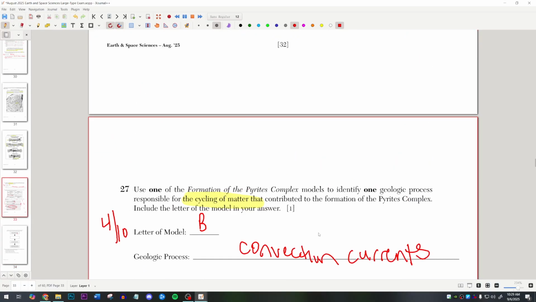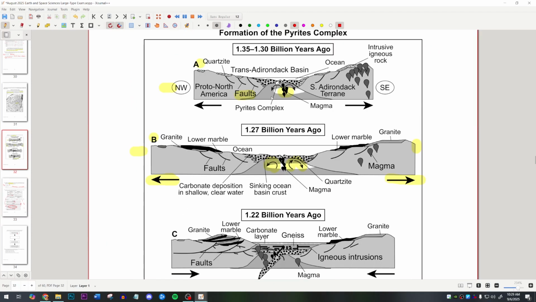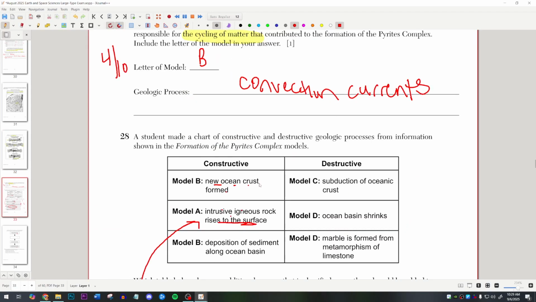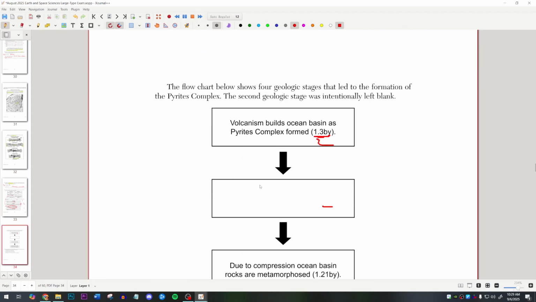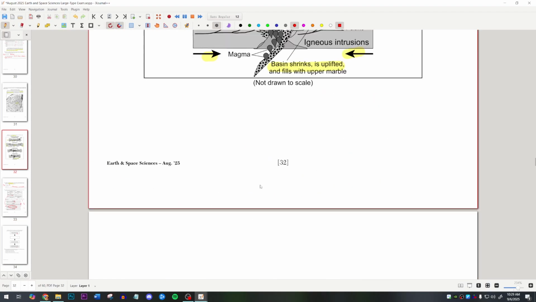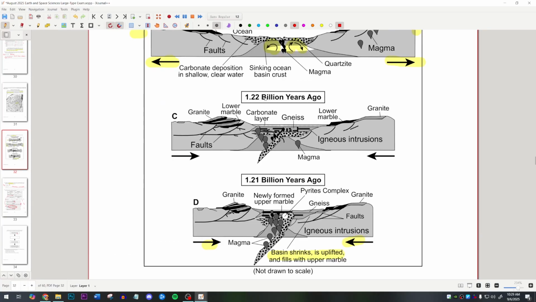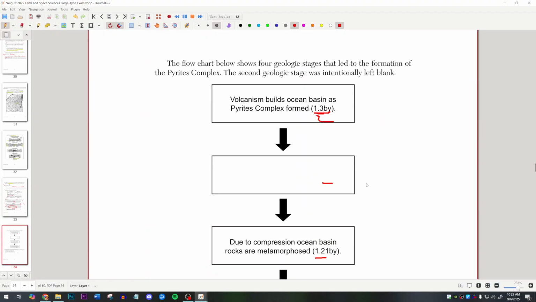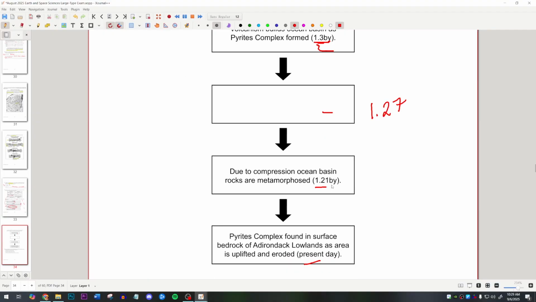Does it follow that? 1.3, blank. It doesn't work. 1.21. So this might be this, 1.27. That could be 1.27. Maybe.